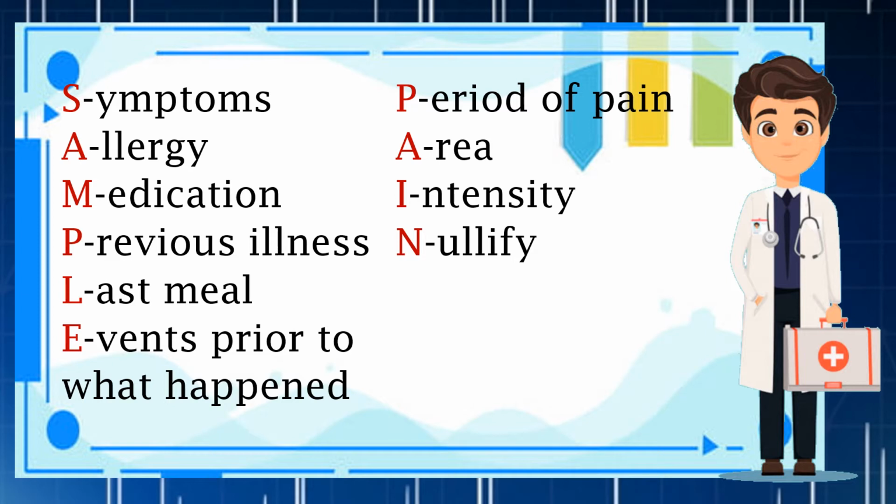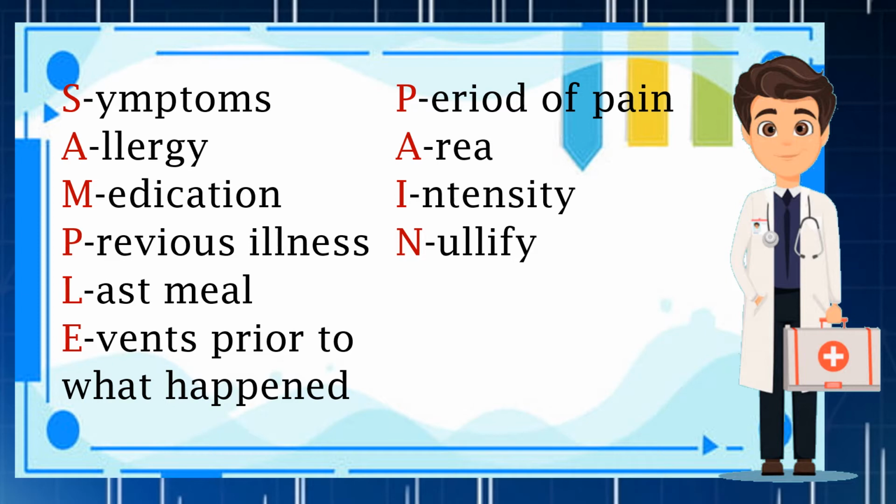SAMPLE PAIN stands for: S for symptoms, the chief complaint of the patient. A for allergy. Find out if the victim is allergic to anything. M for medication. What are the medicines he or she is currently taking? P for previous illness that may be related to the problem.